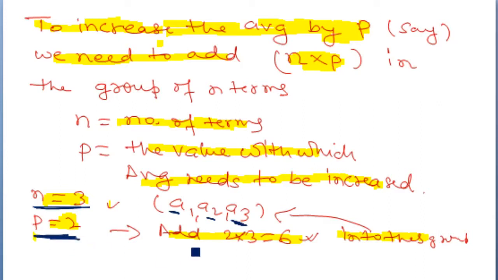So we need to add 2 into 3. This is p, and this is n.